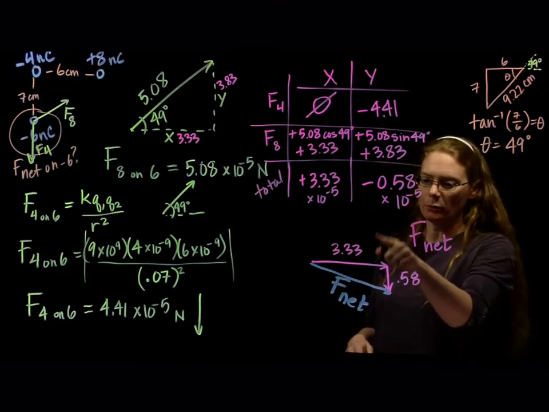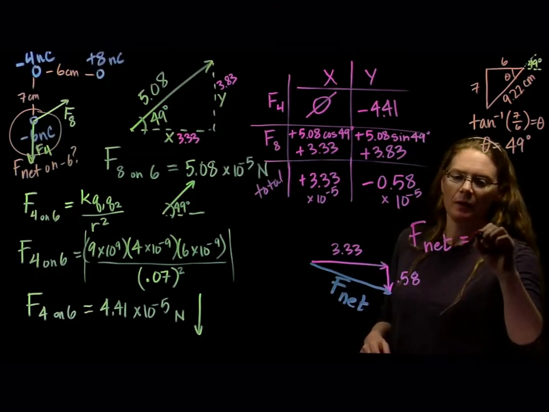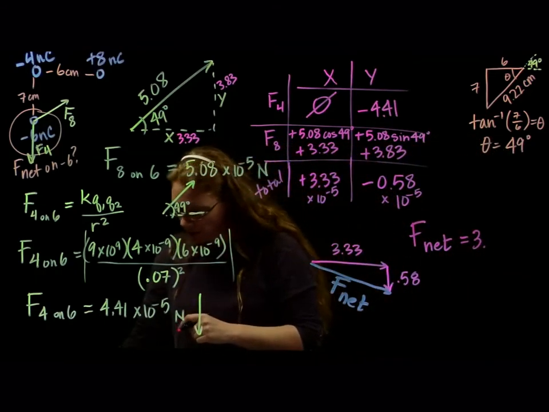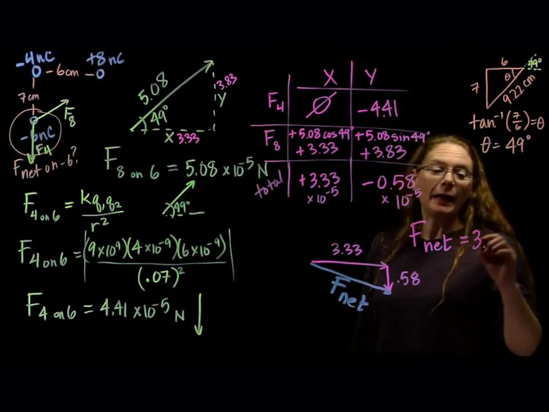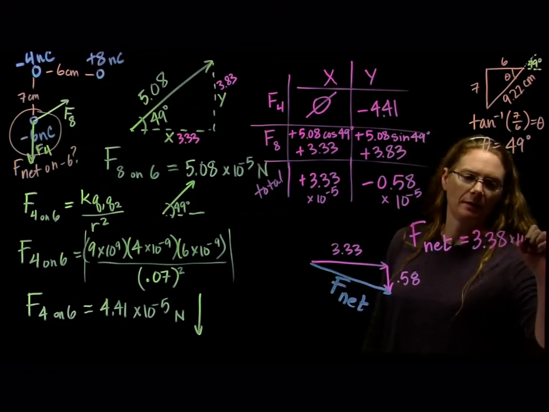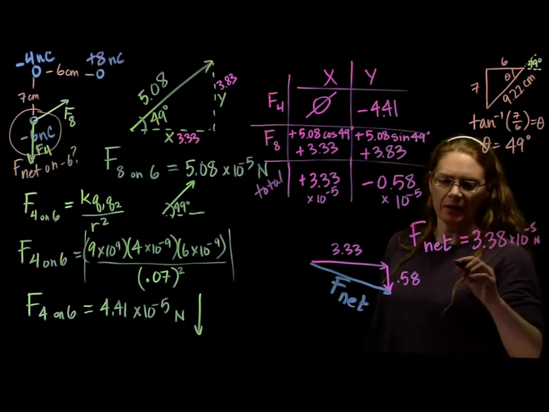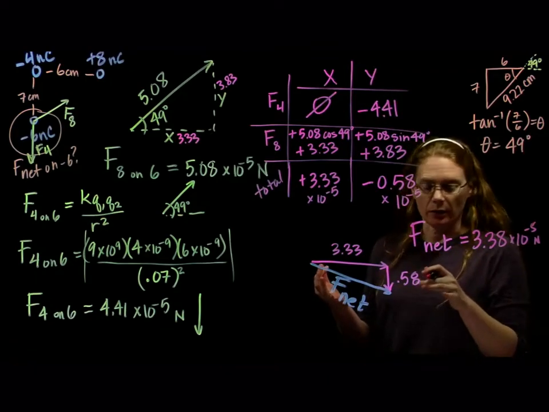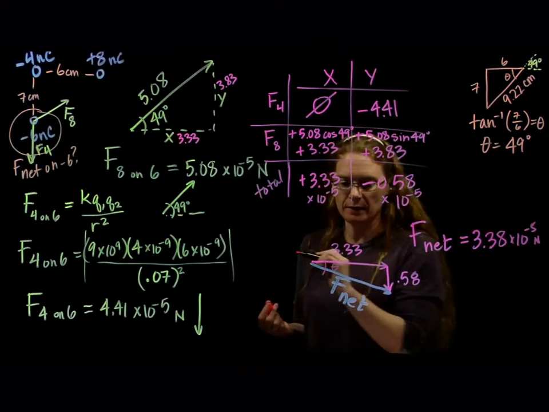So 3.33 squared plus 0.58 squared is going to be 3.38 times 10 to the minus 5 newtons. That's the size. What is the direction? I need to know this angle.